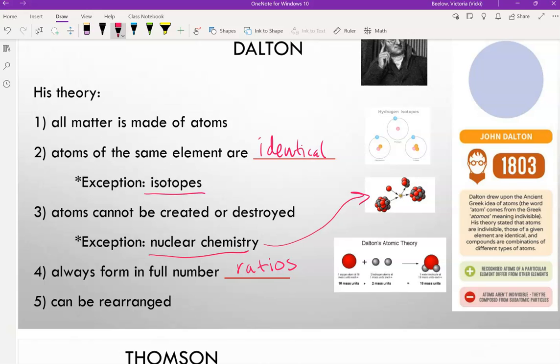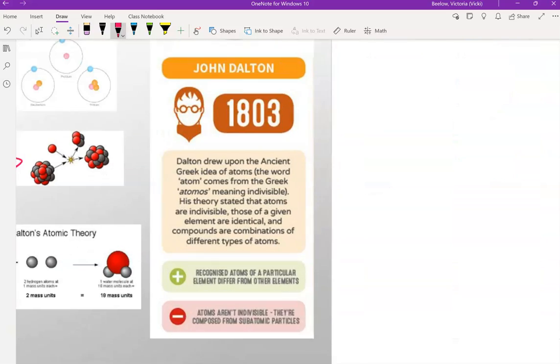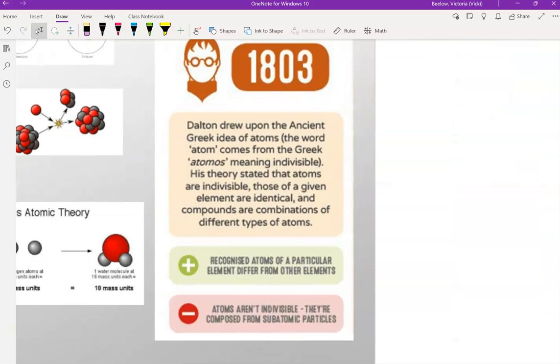Again, kind of going with that law of conservation. And the word atom comes from the Greek word atomos, meaning indivisible. So again, he was stating that atoms were indivisible, like you couldn't divide them down any farther. And this was the unit that made up everything in the world and in the universe.